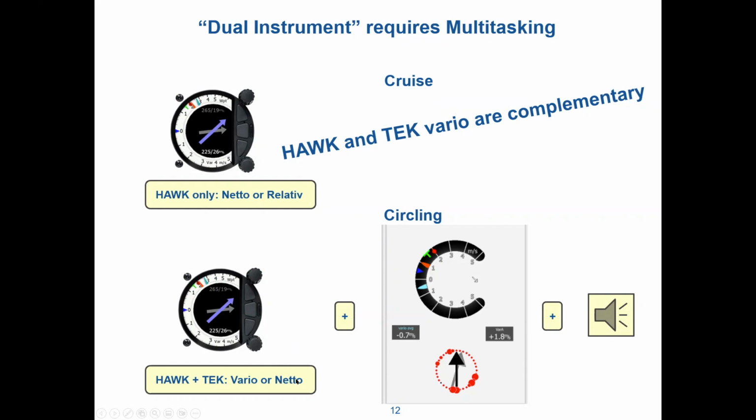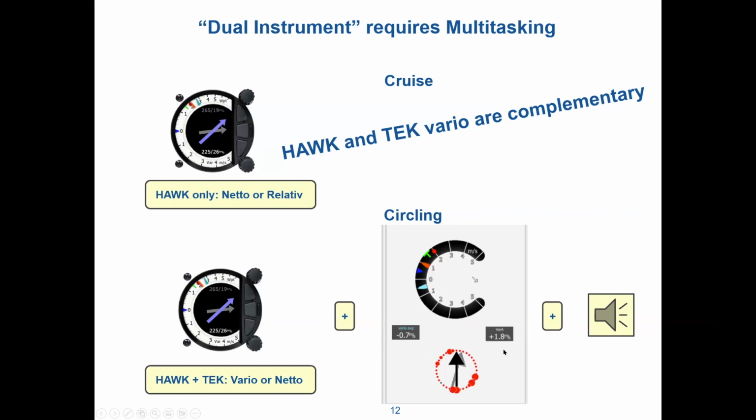Vario or Netto? Here different approaches are possible. From the feedback, every pilot somehow has their own style. You can, for example, fly with the blue needle, the Hawk Vario, and to obtain the climb rate, you can use an F box.